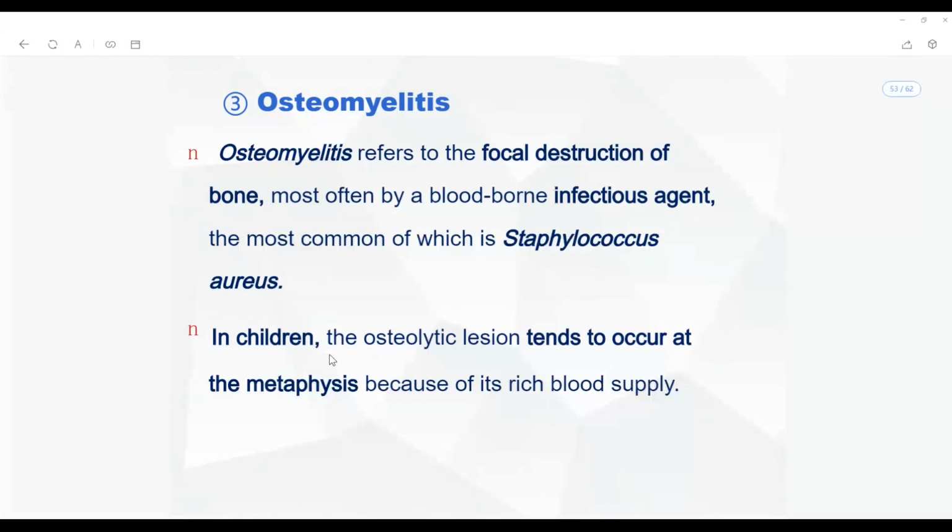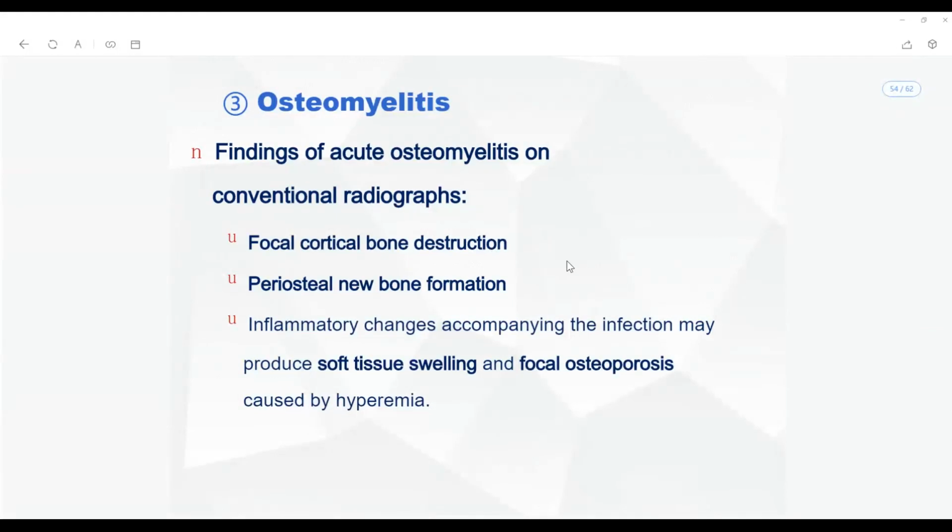Okay. So osteomyelitis generally has a focal cortical destruction and periosteal new bone formation. I will just show the image. You can understand, and there will be surrounding soft tissue swelling and focal osteoporosis. There is a thing called the periosteal reaction.